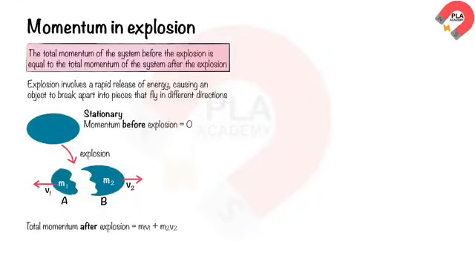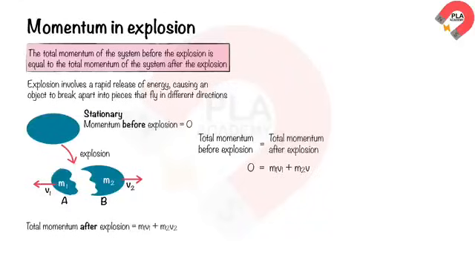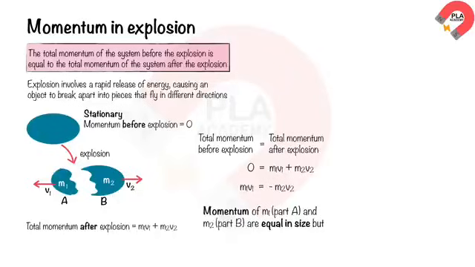So, total momentum before explosion equals total momentum after explosion. Then, 0 equals m1 v1 plus m2 v2, and m1 v1 equals minus m2 v2.